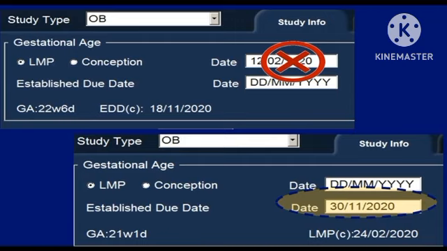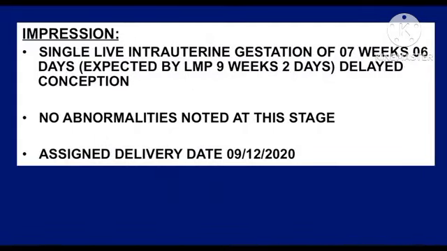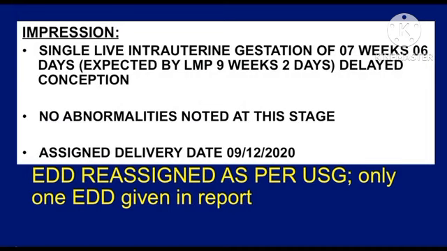So you will not falsely call this pregnancy a growth restricted baby. So the impression in the first trimester will typically look like this. Because there was a growth discrepancy of more than 10 days, you will write it as delayed conception and you have assigned the delivery date by the ultrasound age, and only one EDD is given in that report.